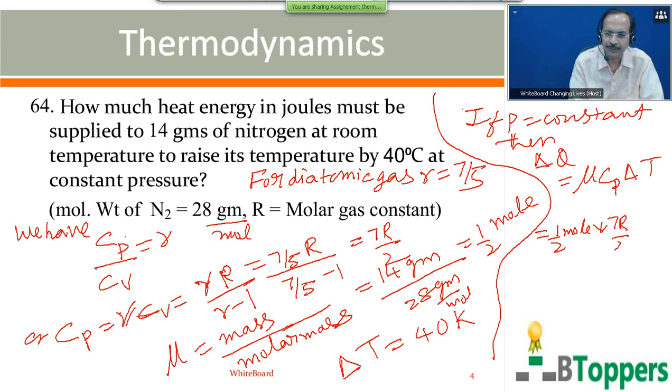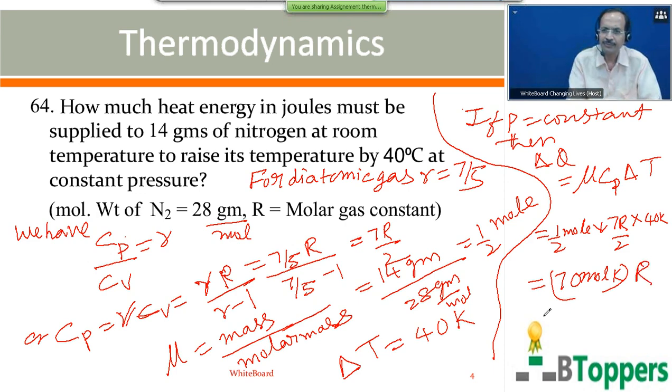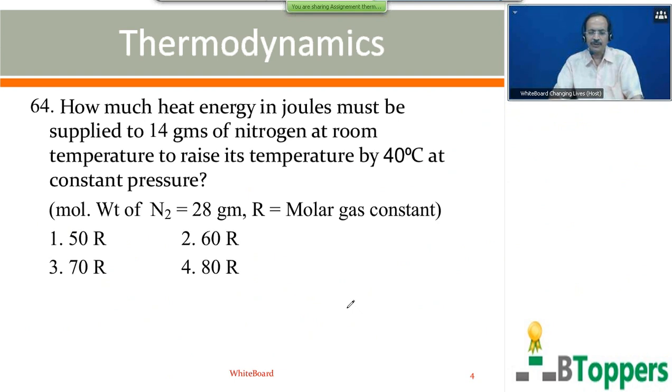Cp equals 7R by 2, and increase in the temperature delta T is 40 Kelvin. So you get 70 mole Kelvin multiplied by R. Numerically it is 70R. So if you want to copy the working, please take a pause and copy the working. So for question number 64, the third option, 70R, is the answer.